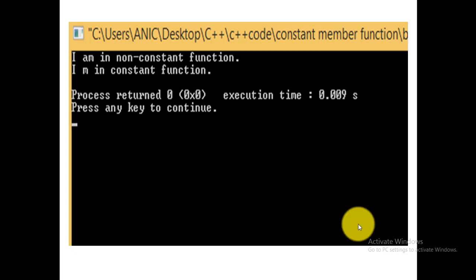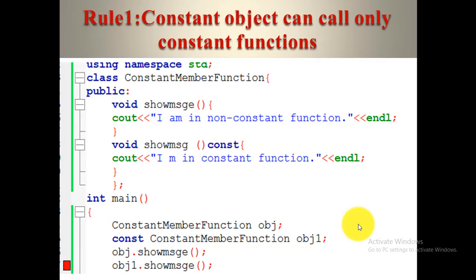So let's see a few rules. Rule number 1: a constant object can call only a constant function. This is the first rule for the constant object. If we call obj1, that is a constant object, and call which function?